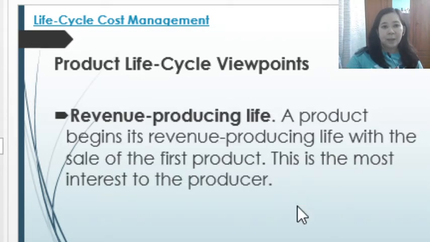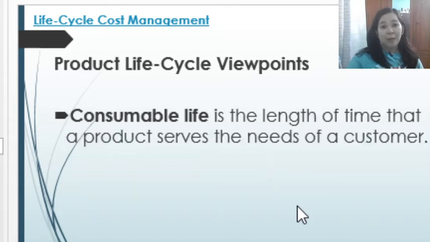A product begins its revenue producing life with a sale, from the first sale of this product. This is of most interest to the producer or seller, because we are talking about sales that generate revenue and profit.